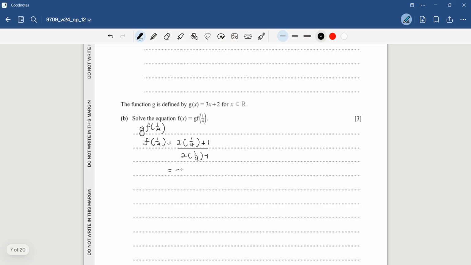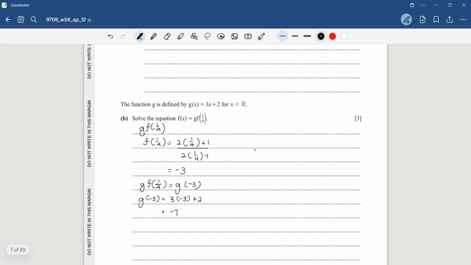So you will get negative 3. Therefore, g f(1/4) is actually g(negative 3). Therefore, g(negative 3) is equivalent to 3(negative 3) plus 2, which is negative 7.